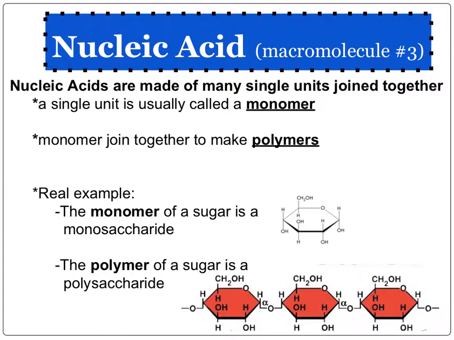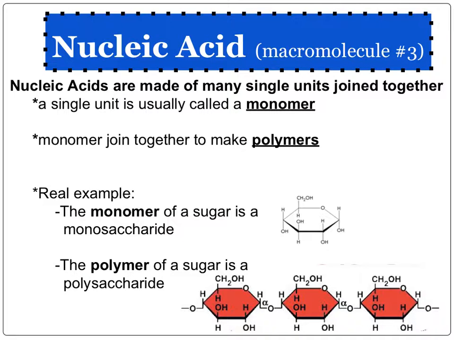Going away from the Lego analogy, a real world example is actually carbohydrates. Their monomer being a monosaccharide and their polymer being a polysaccharide. So this is just to reinforce the idea that, once again, macromolecules tend to have monomers and polymers, and it's not just nucleic acids.